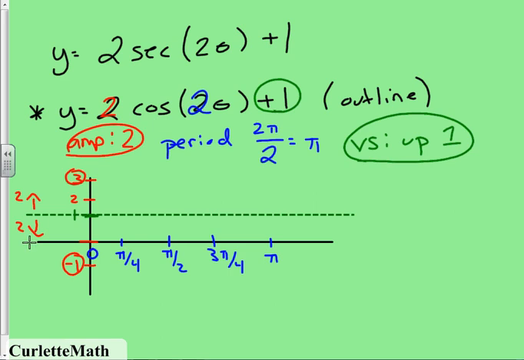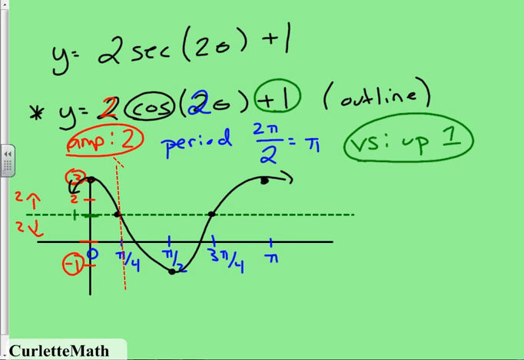Now, this function is the cosine function. So it's going to start at the top amplitude, the midline, the bottom amplitude, the midline, and the top amplitude. Connecting in my points, I make my outline function, which is my cosine here. Now, where do my asymptotes go? Well, that's where that cosine function hits the midline.